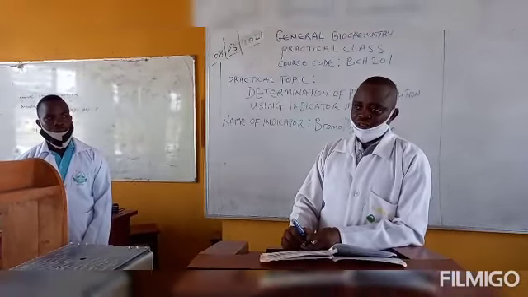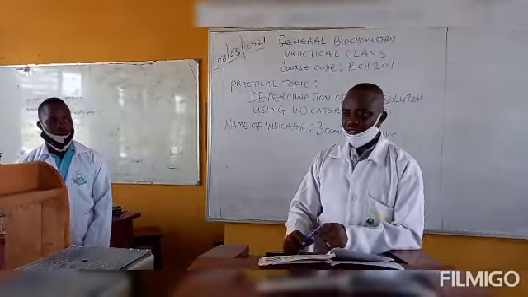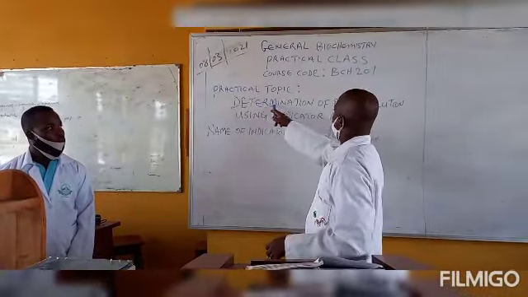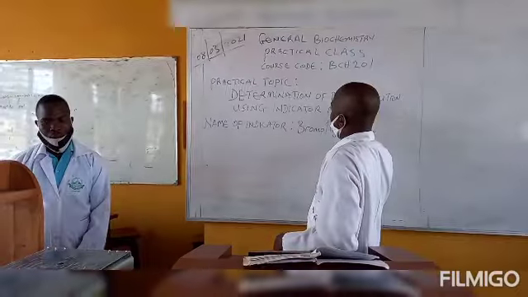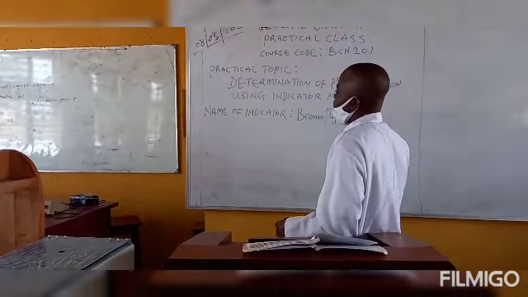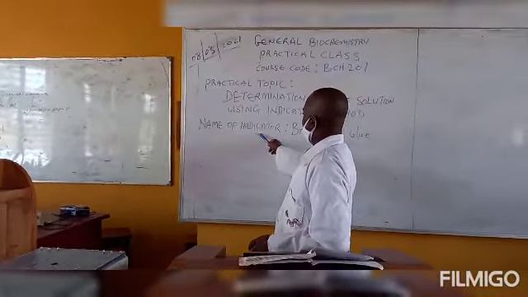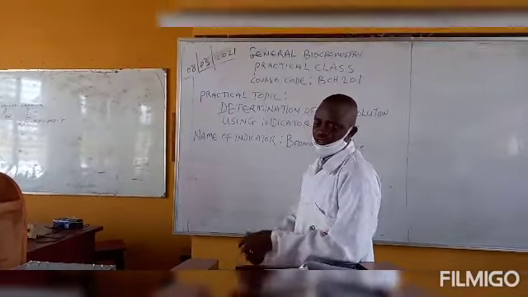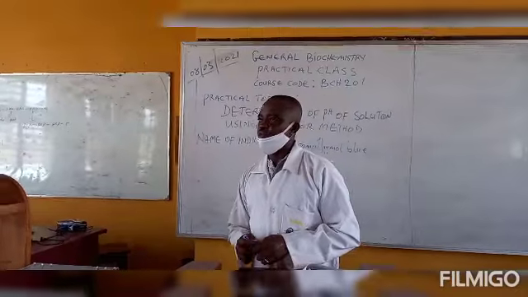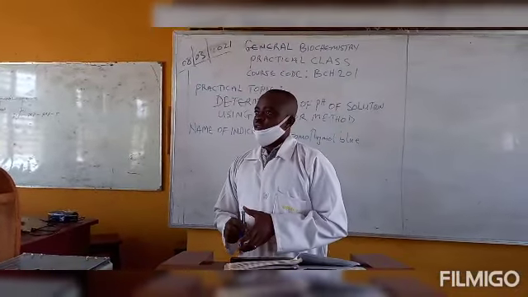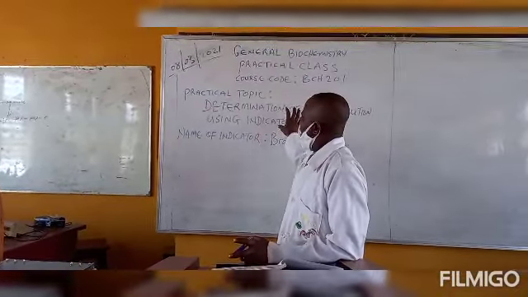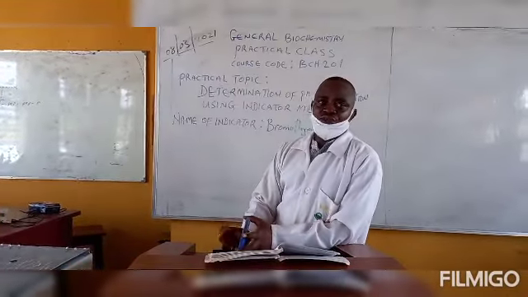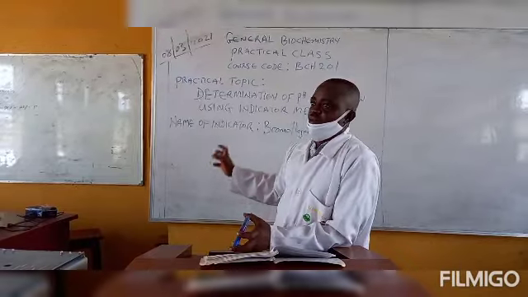We are not going into the concept of buffer, that has been taught in the theory class. What we are going to do today is determination of pH of solution using the indicator method. The indicator we are going to use for this practical procedure is bromothymol blue indicator.